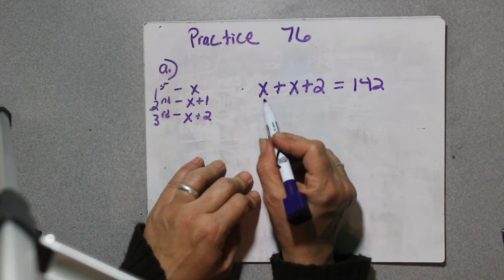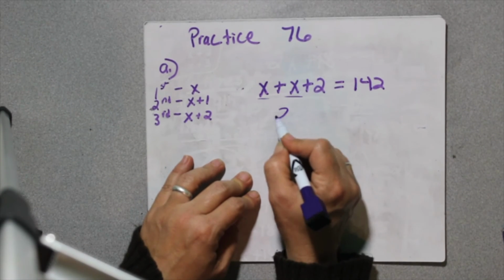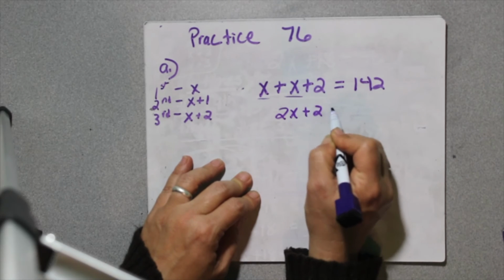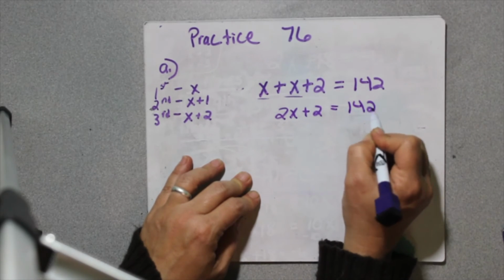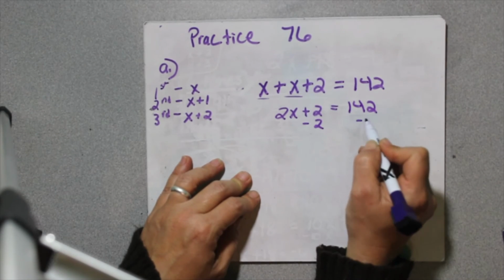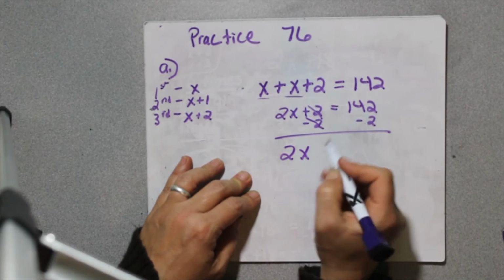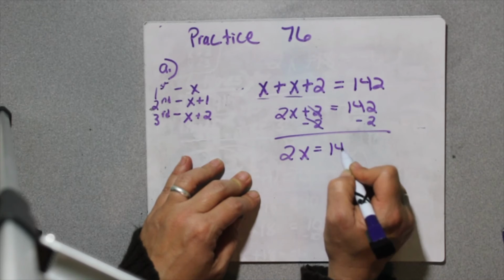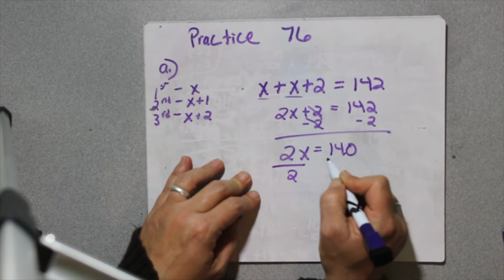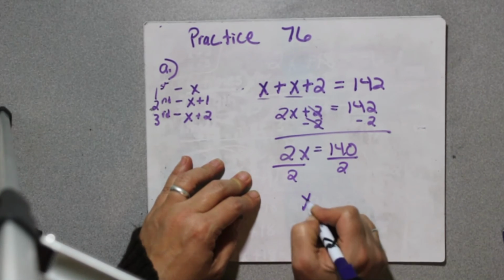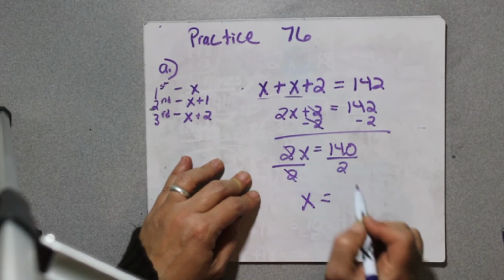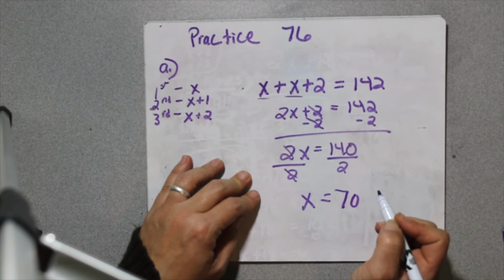Okay, so we're going to add like terms first. We get 2x plus 2 equals 142. Now we subtract 2 on both sides. And we get 2x equals 140. Now we divide by 2. And we should get x equals 70.